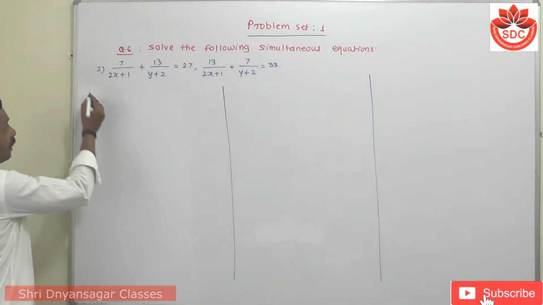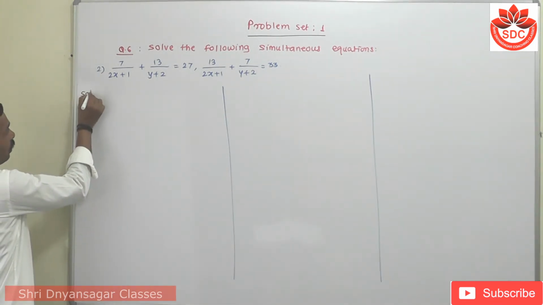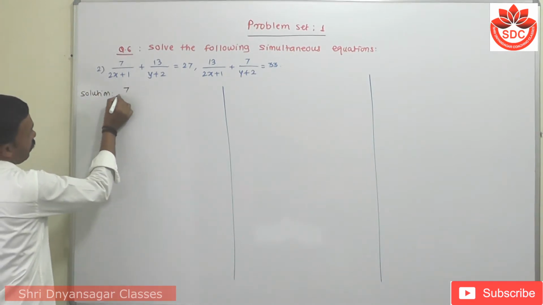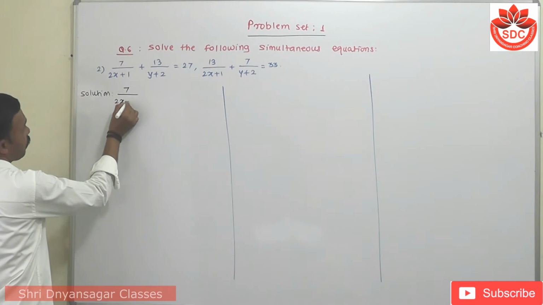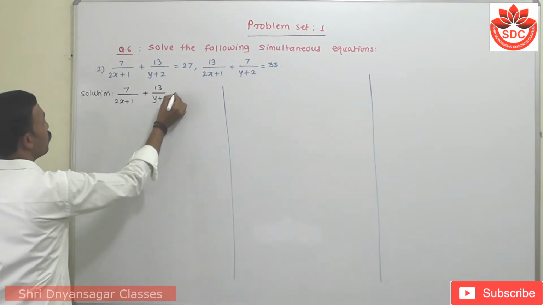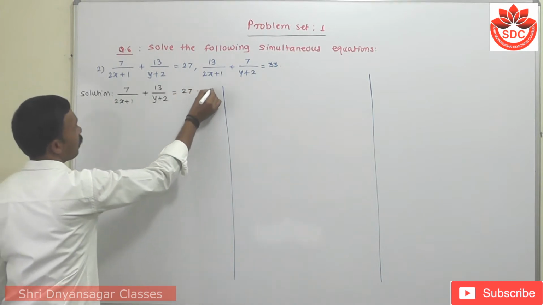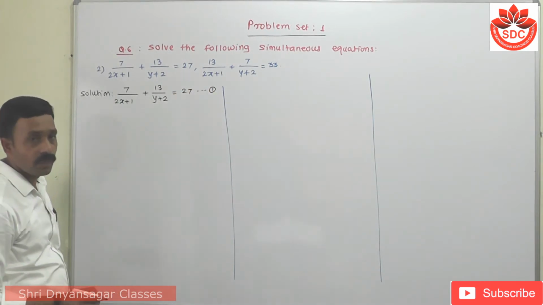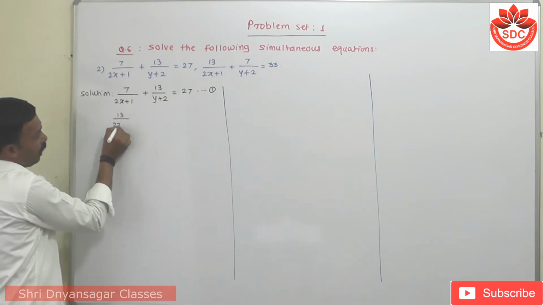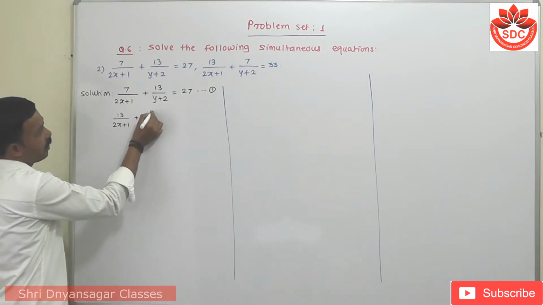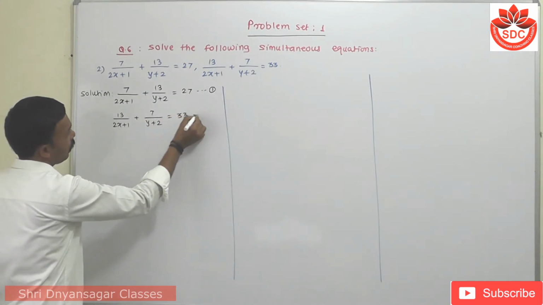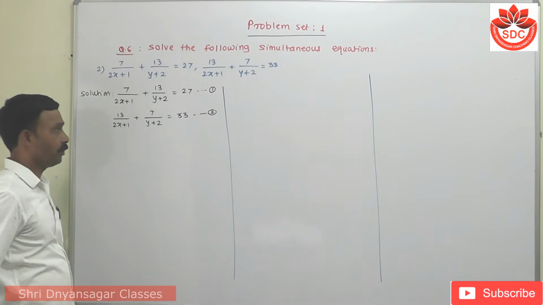Okay, so first the solution. The first equation is 7 upon 2x plus 1 plus 13 upon y plus 2 is equal to 27. This is equation number first. The second one is 13 upon 2x plus 1 plus 7 upon y plus 2 is equal to 33. This is equation number second.